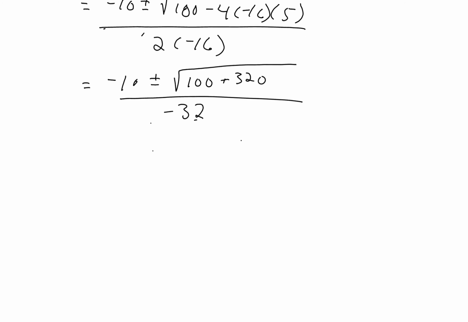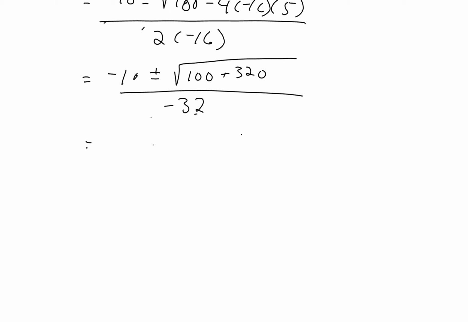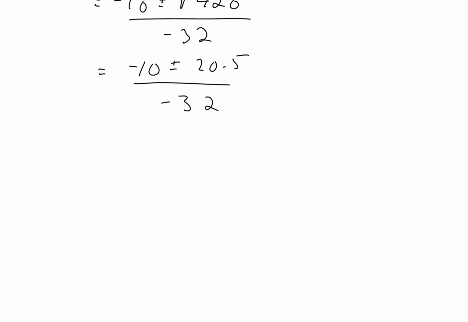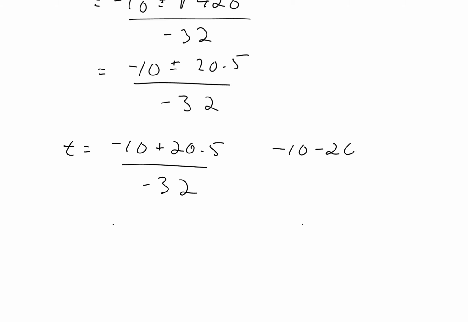So we'll keep on simplifying. This is negative 10 plus or minus the square root of 420 over negative 32. The square root of 420 is about 20.5. So this is negative 10 plus or minus 20.5 over negative 32. So the time's going to have two possible answers. Either the time is negative 10 plus 20.5 over negative 32, or negative 10 minus 20.5 over negative 32.